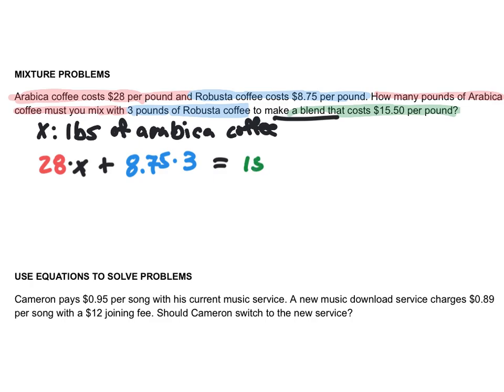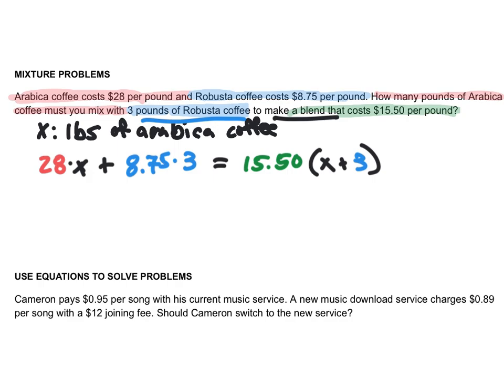So $15.50 times the blend, which is the amount of pounds of Arabica coffee with the already mentioned 3 pounds of Robusta coffee, and that's how we set up that equation, okay?